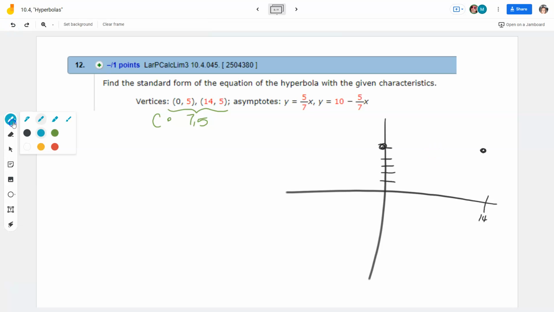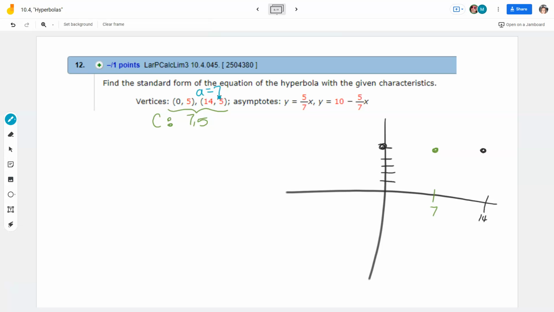The A. So then if I have my A is equal to 7, is it 7 one direction and 7 the other direction? 7 one direction, 7 the other direction.